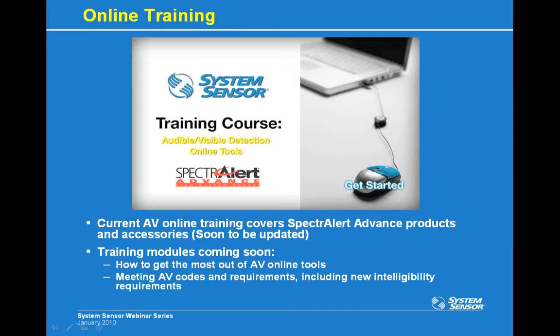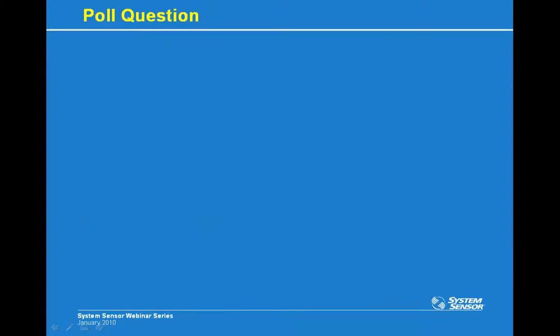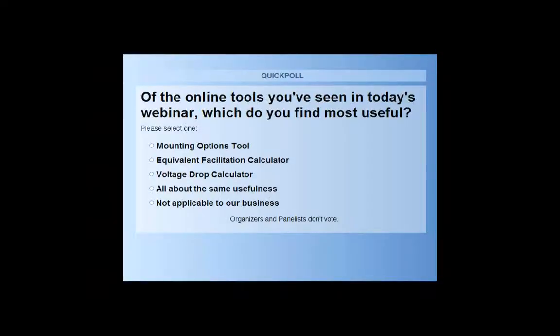So David, we're now at our last poll question. All right. Thanks, Krista. So the last poll question is, of the online tools you've seen so far, which do you think might be most useful? Give us an idea of what you've seen today and what might be most useful. Would it be the mounting options tool, the equivalent facilitation calculator, the voltage drop calculator?